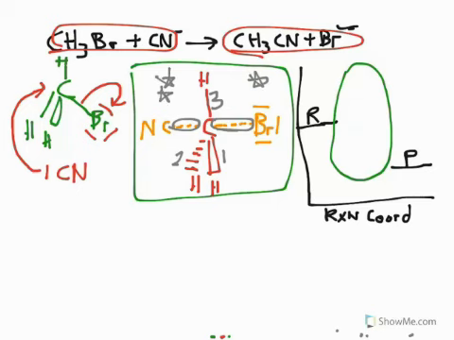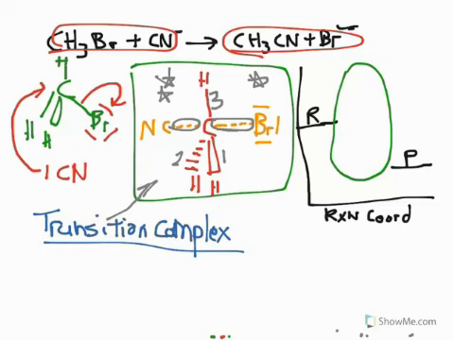So what has to happen in our energy diagram, because of this thing we formed here, which I'm going to call the transition state, transition complex, transition state molecule, is I've got to go up in energy to form this.